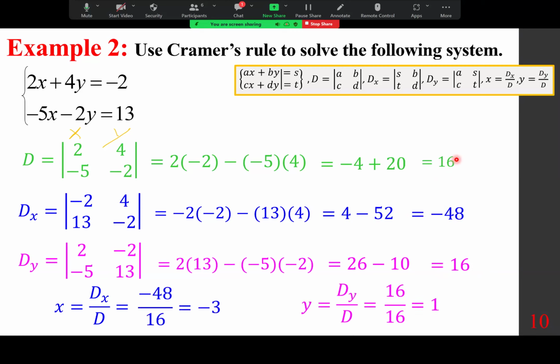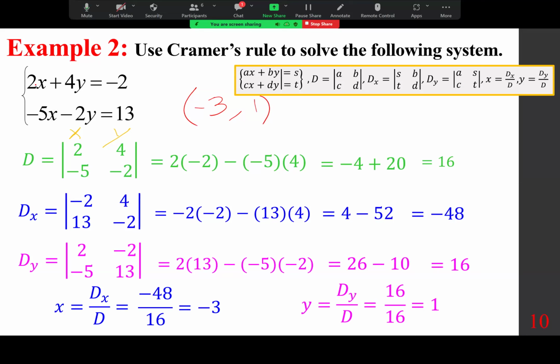So the pair is negative 3, 1. You should check.